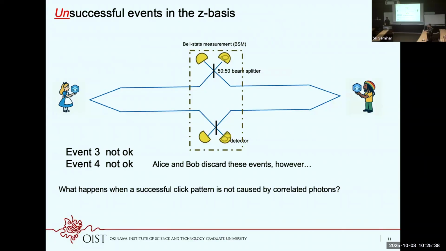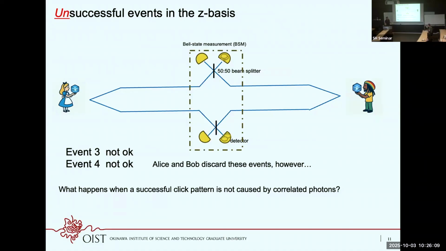However, as you can see here, these click patterns are caused by photons arriving on the detectors. But sometimes the photons could be lost. For example, as you can see here, Bob's photon has disappeared at some point. Because these photons travel in optical fibers, there is some attenuation length, and this photon could be leaked out, so photons don't arrive.